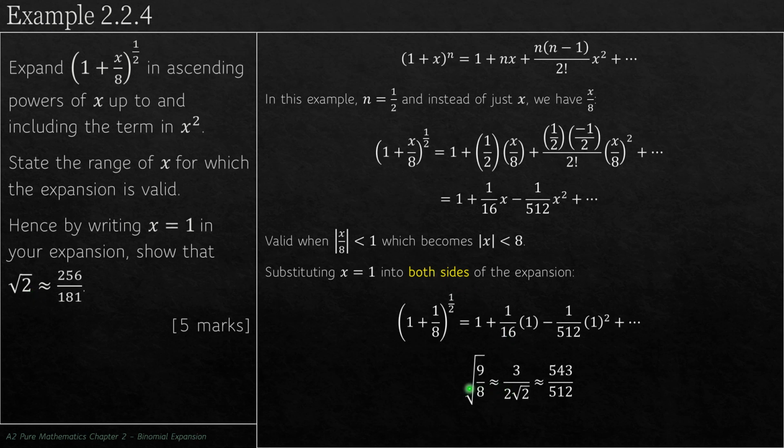So what you're going to do with this is simplify it down using surds. So square root of 9 is 3, square root of 8 is 2 root 2. So if I divide this by 3 over 2 and then take the reciprocal, i.e. flip it, I should end up with root 2.